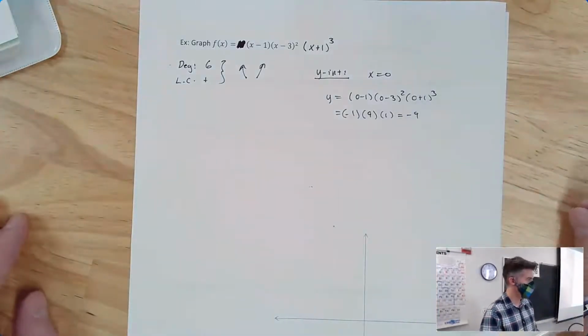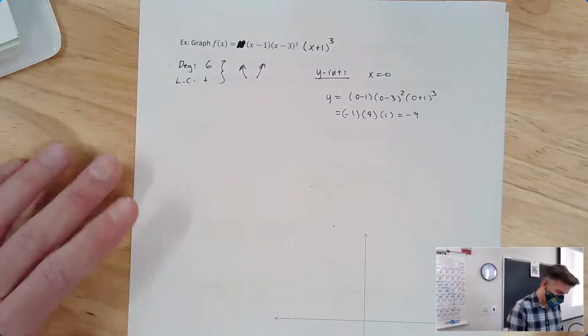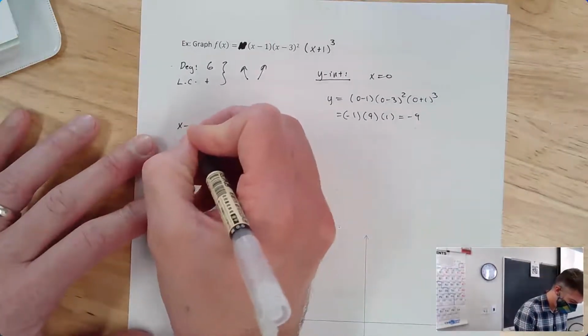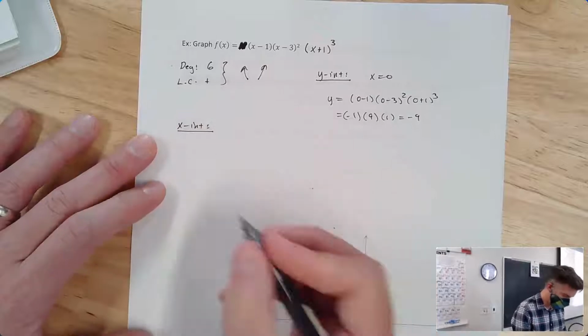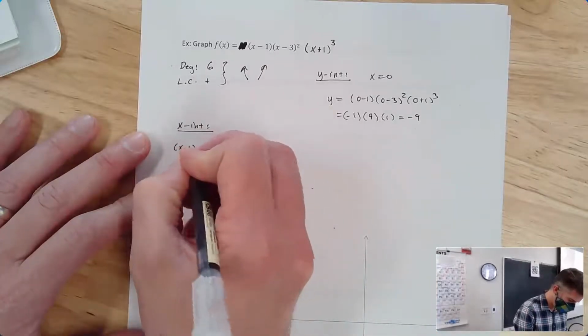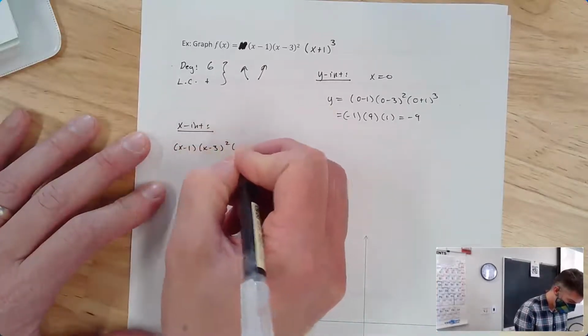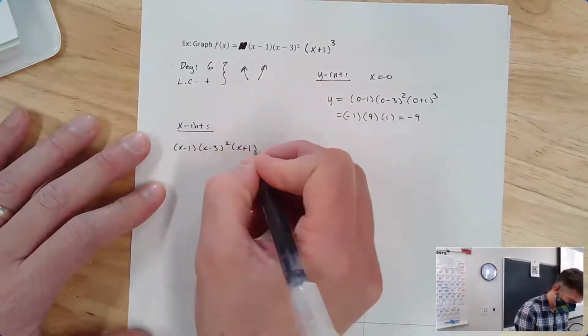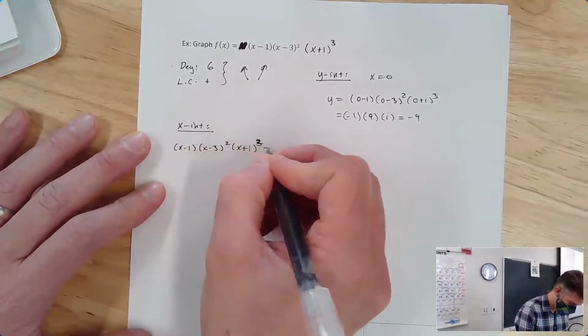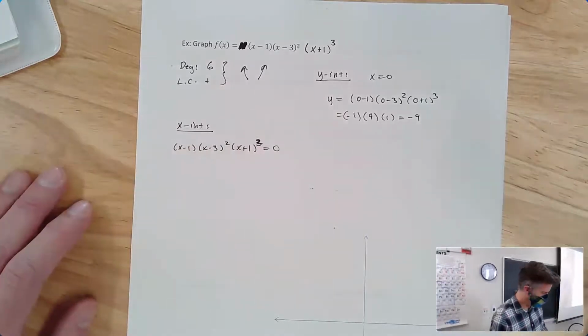Okay, great. And then let's find the x-intercepts. So we're going to set the whole thing equal to 0. X minus 1 times x minus 3 squared times x plus 1 cubed equal to 0. And then we're going to talk about the intercepts.